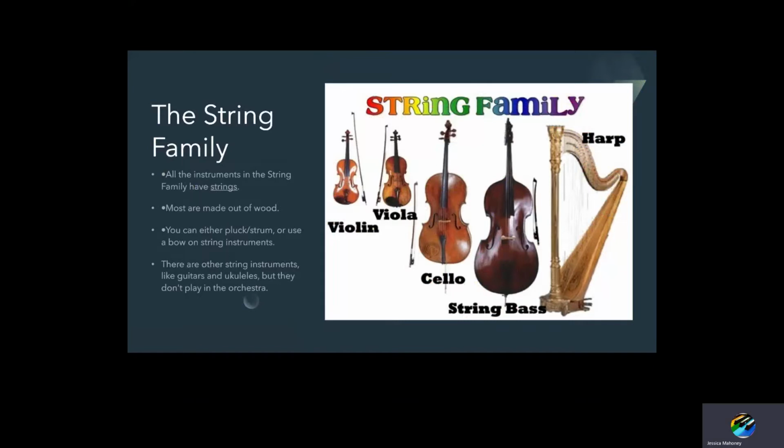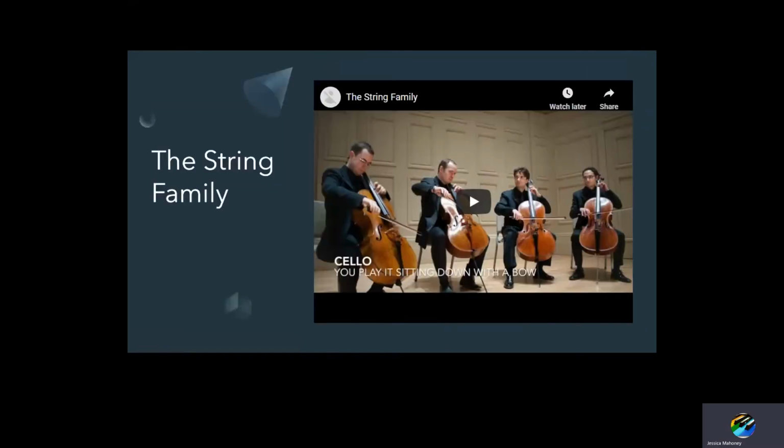The string instruments that play in the orchestra are the violin, the viola, which looks just like a violin, but it's a teeny tiny bit bigger, the cello, and the bass. Bass is huge. And then the harp. Let's listen to some of these instruments.